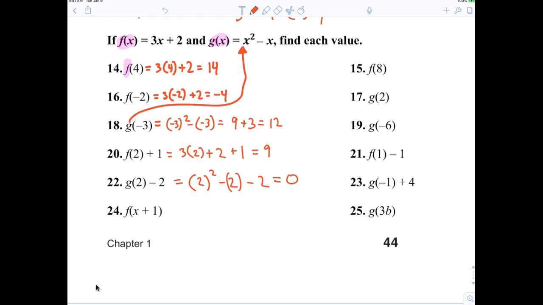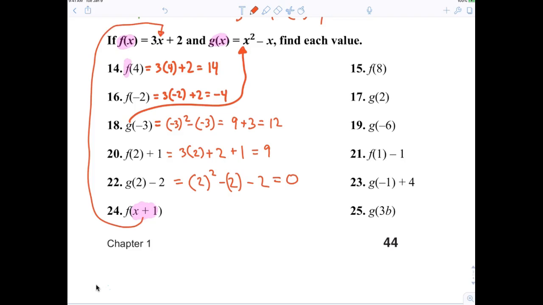All right, now this one's not going to be on the test, but I still want to show you. What does this mean I do? What's f of x plus 1 mean? All that means is to take what's inside the parentheses and replace it with x. So what do I mean by that? This x plus 1 is going to go in for that x right there.